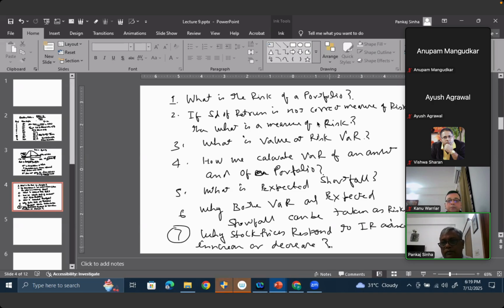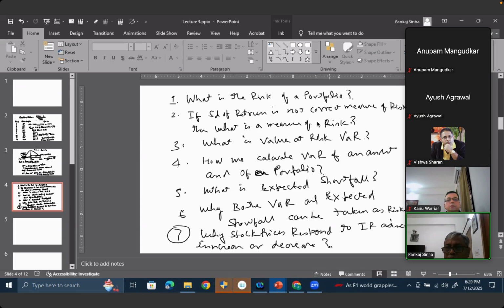Most of the time, whenever the monetary committee meeting is there, you are interested in the market. The moment they increase the interest rate, immediately stock prices go down. And the moment the interest rate goes down, immediately all stock market prices go up.